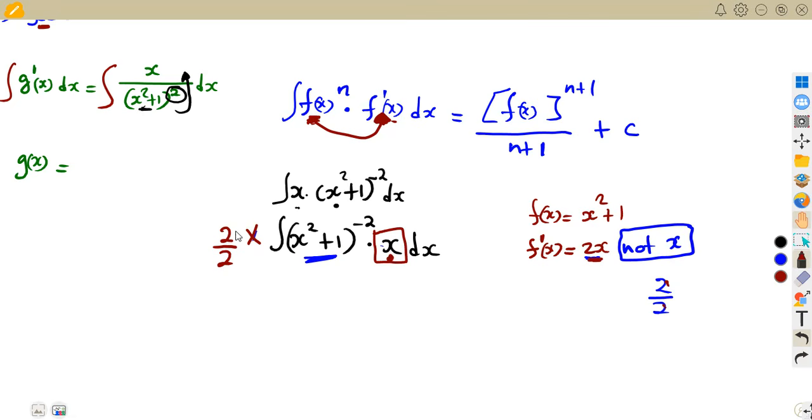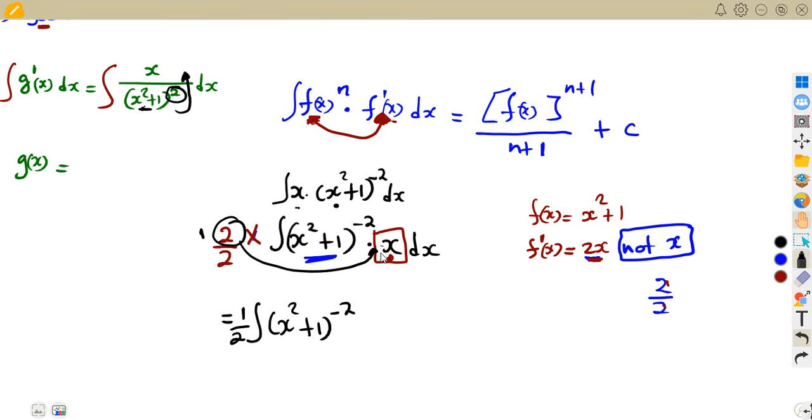So I'm going to take this 2 inside, where there is an x here. So it is going to be the integral of, if I remove this 2 to multiply x, I'm going to remain with 1 over 2, the integral of this part, which is x squared plus 1 to the exponent of minus 2.